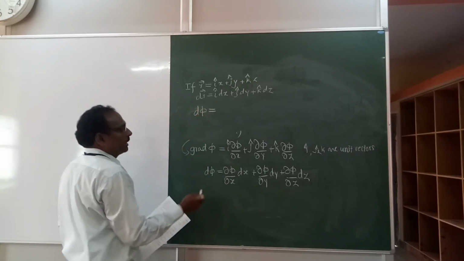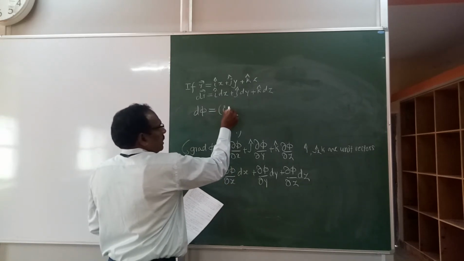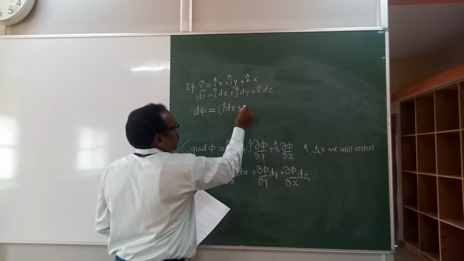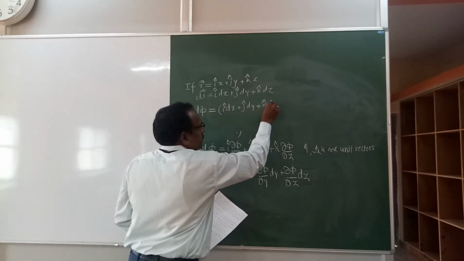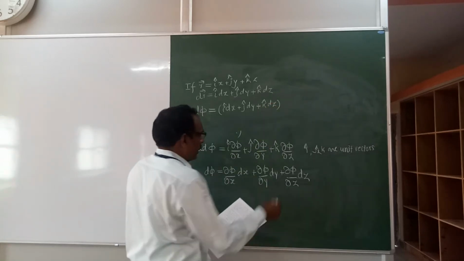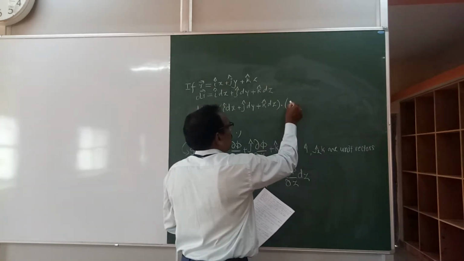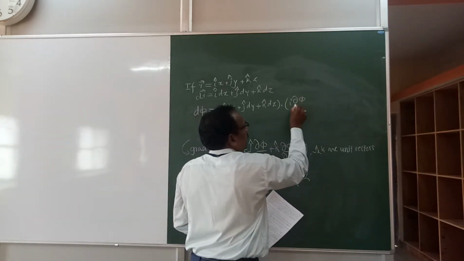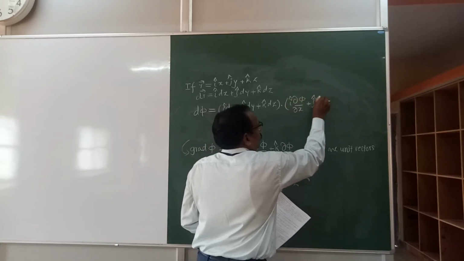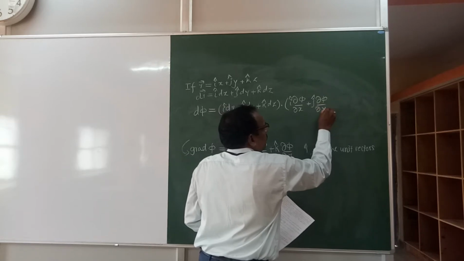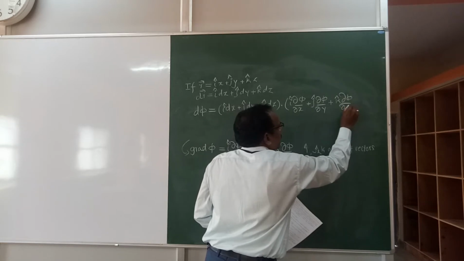Let me write the differential of this scalar function phi, d phi, say i dx plus j dy plus k dz, into this. I'll write this as i dou phi by dou x plus unit vector j dou phi by dou y plus unit vector k dou phi by dou z.